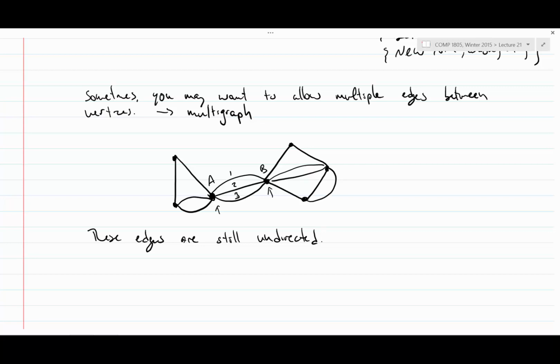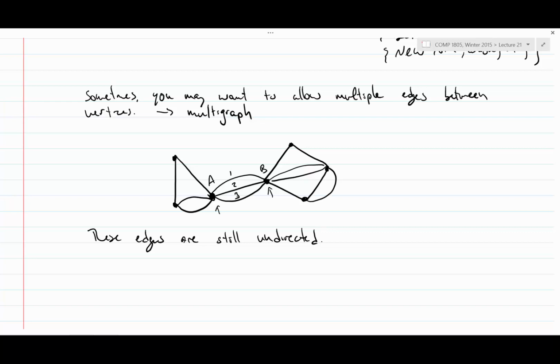So the multiplicity of this edge between A and B is 3, because there's 3 edges between A and B. So what you could do is store it as the set A, B, 3. That way you don't need to label the individual edges, you just need to count the edges that are there. This assumes that your labels then aren't integers that would somehow get mixed up with what's going on.